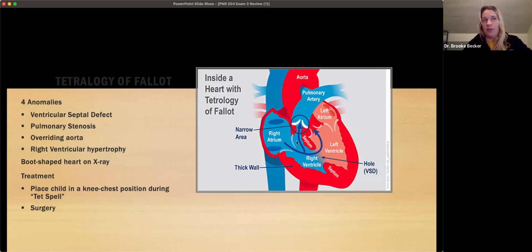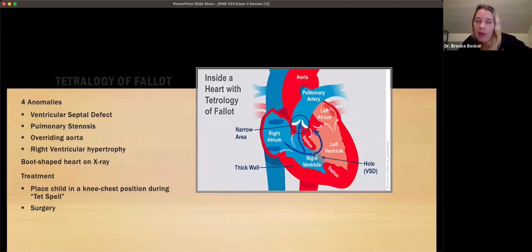So the blood is going to skip going to the lungs and go to the body. But in doing that, what kind of a lesion is it? Cyanotic lesion. These are going to be your blue babies.